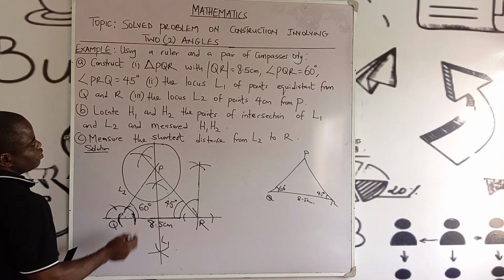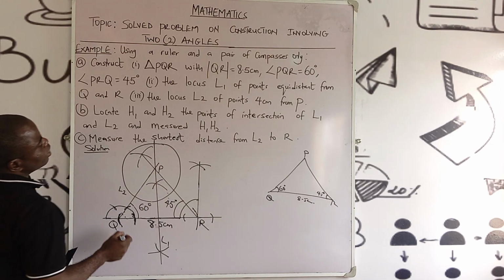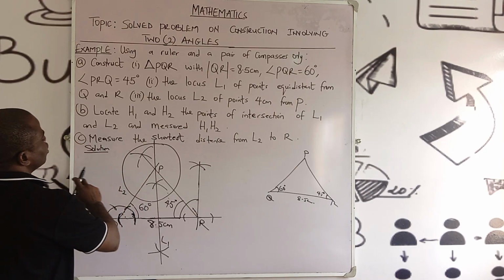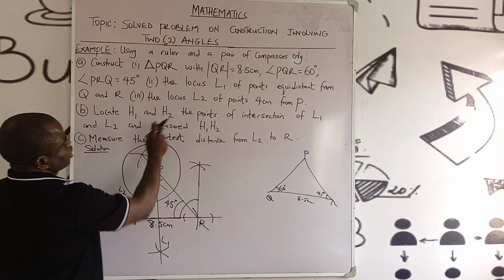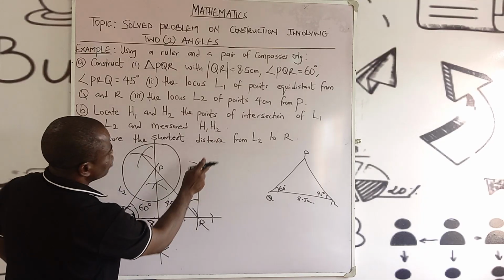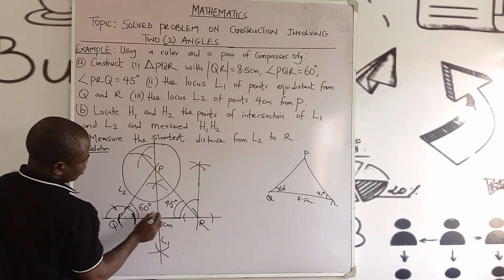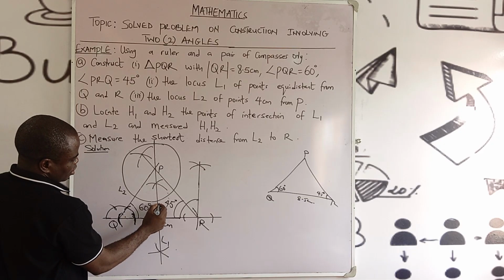Okay, now what do you have here? We are now told that this is your L2, the distance from T. Now locate H1 and H2, the points of intersection of L1 and L2. Okay, the point of intersection of L1 and L2 is H1.